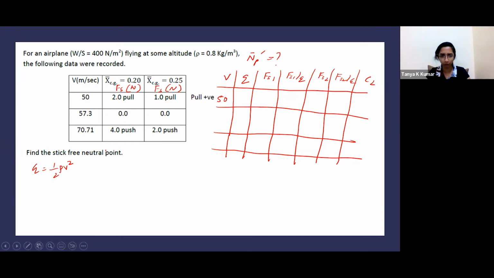Half rho v square. What is the first Q? Am I audible? Can someone confirm? 1000. Thank you. So this is 1000.